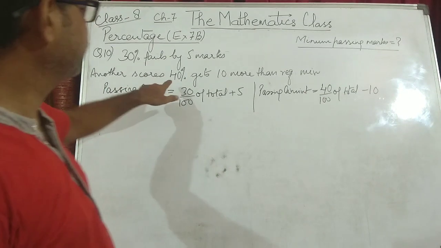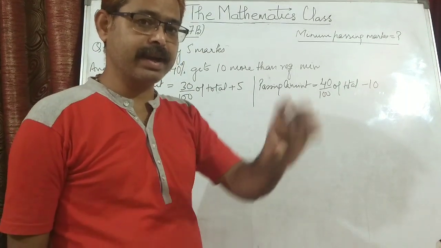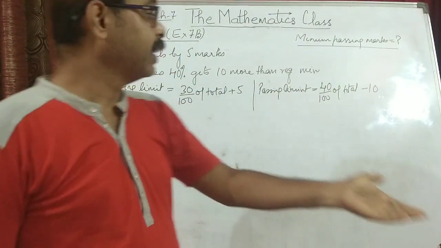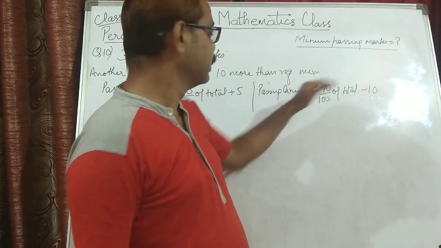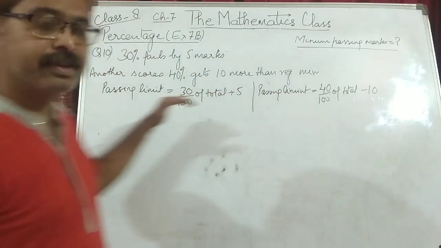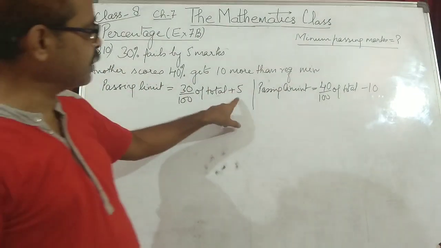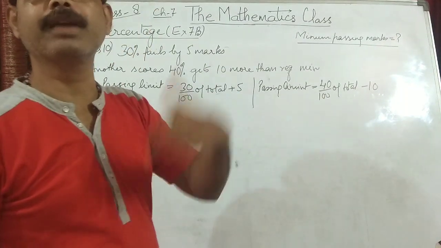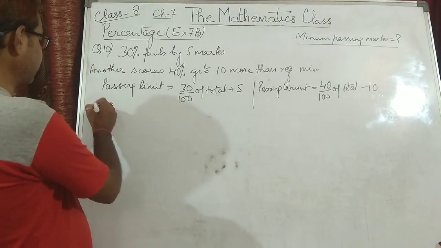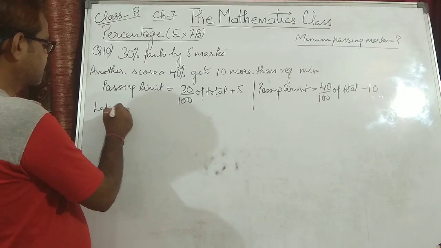Why? Because he scores 40% marks and still he is getting 10 marks more. It means if I subtract 10 from the 40% of the total marks, still he will be passing. And in the first case, if I add 5 marks to the 30% of the total marks, then only he will pass.